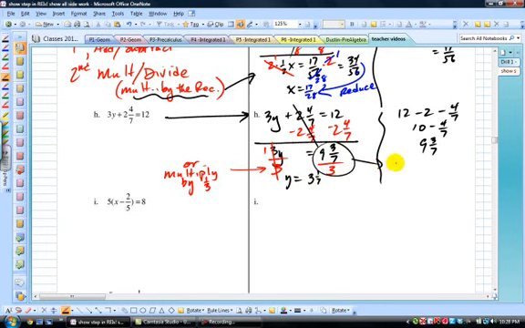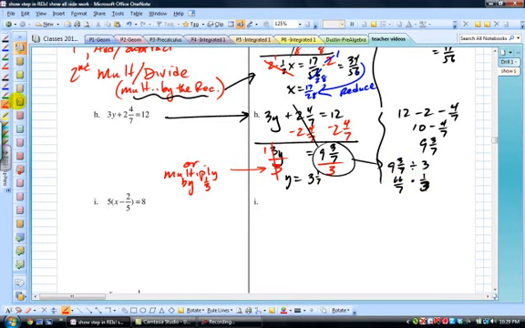Or take it over here. You take 9 and 3/7, divided by 3. Change the improper fraction first. So 7 times 9 is 63, plus 3 is 66. 66/7 times the reciprocal, 1/3.